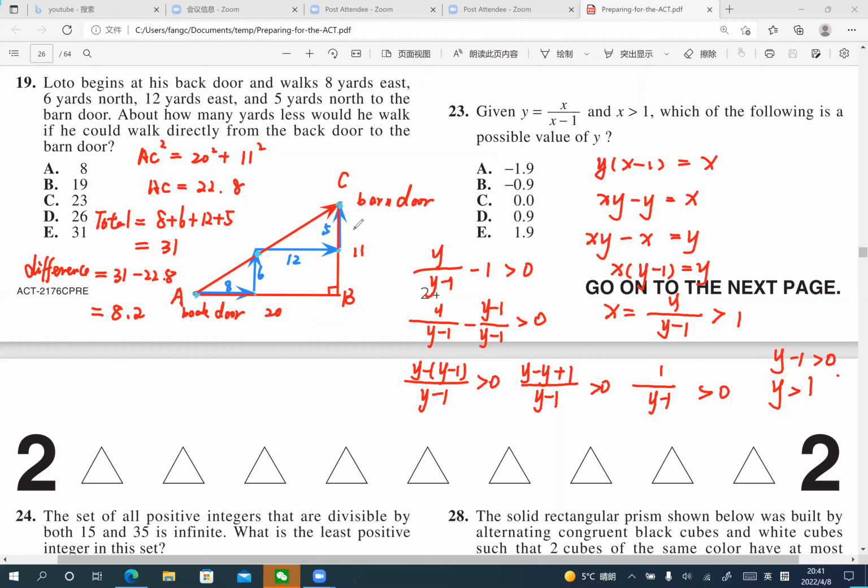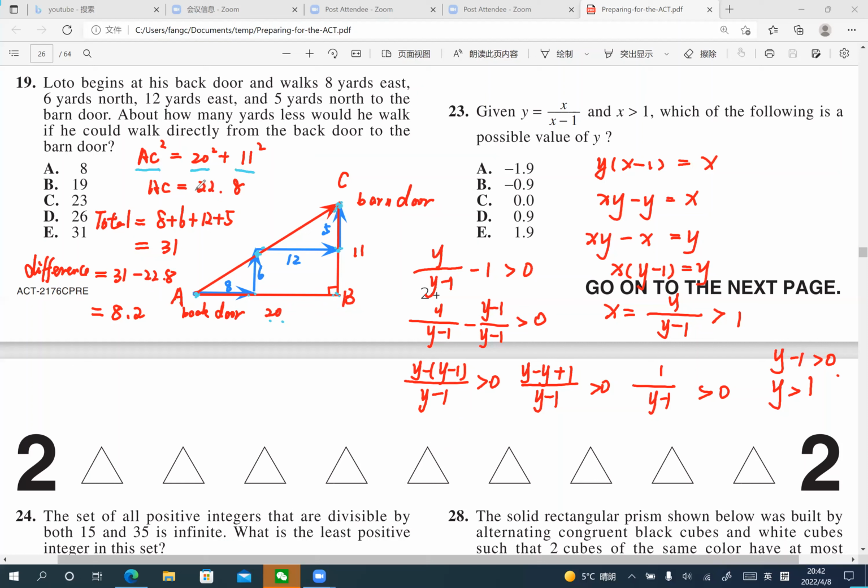From the graph, we can tell AB equals 8 plus 12, which is 20, and BC equals 5 plus 6, which is 11. To find the length of AC, we need to use the Pythagorean theorem. AC squared equals CB squared plus AB squared, so AC squared equals 20 squared plus 11 squared.